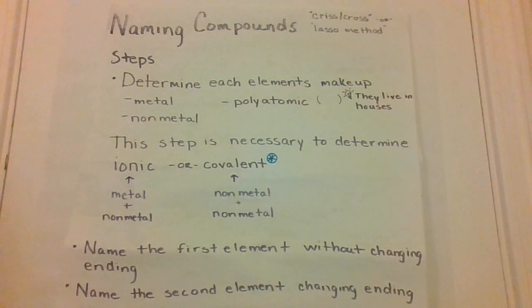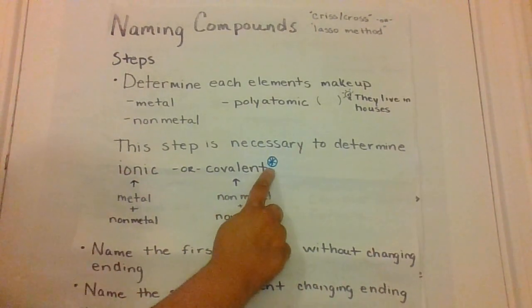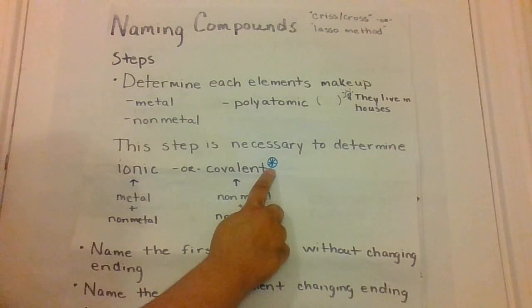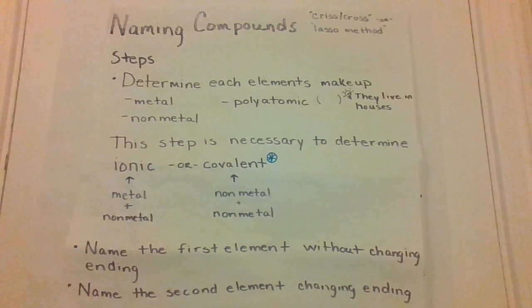Ionic compounds are metals and nonmetals. And covalents are going to be nonmetal and nonmetal, or two nonmetals in a compound. You'll see there's a small item here, and we will reference that at the bottom of this note. When we're naming our compounds, we're going to name the first element without changing the ending.